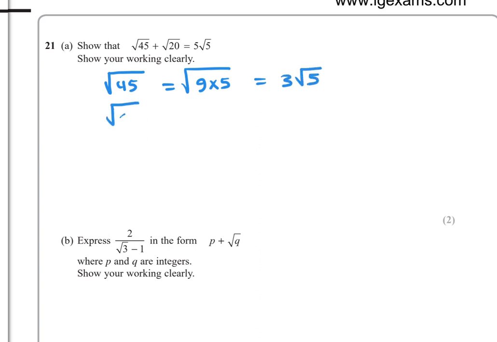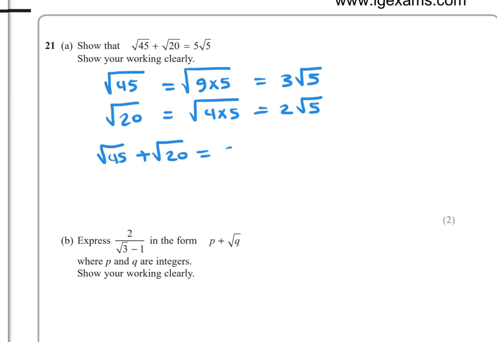Same for square root of 20. 20 can be written as 4 times 5. Square root of 4 is 2, so 2 square root of 5. Now square root of 45 plus square root of 20 equals 3 square root of 5 plus 2 square root of 5 equals 5 square root of 5.